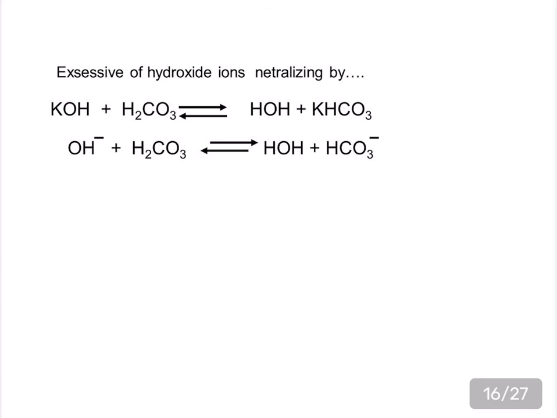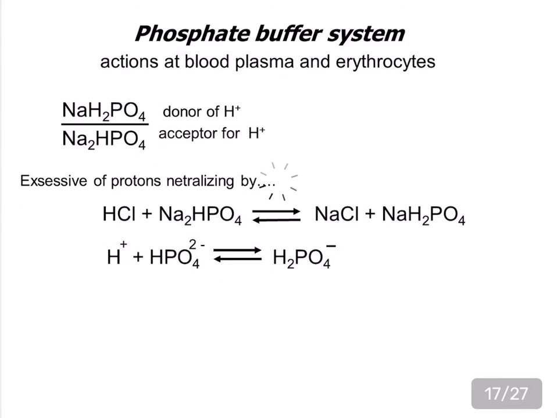The next buffer system that plays an important role is the phosphate buffer system. The phosphate buffer system is an acidic buffer system too, but it includes not phosphoric acid but its salts.